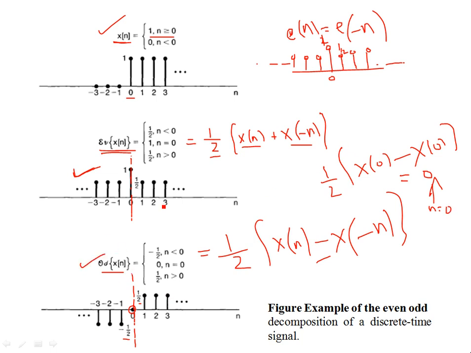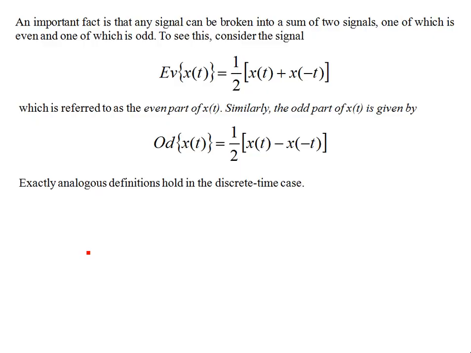Any arbitrary signal can be decomposed into its even part and its odd part, and in general this is true. An important fact is that any arbitrary signal can be broken into a sum of two signals, one which is even and the other which is odd. To see this, consider a general continuous-time signal. The same analogy holds for continuous time as we've seen for discrete time. The even part of any arbitrary signal x of t is half of x of t plus x of minus t.